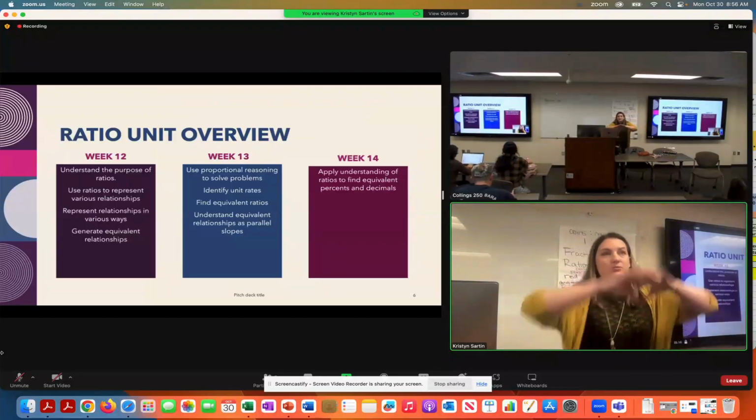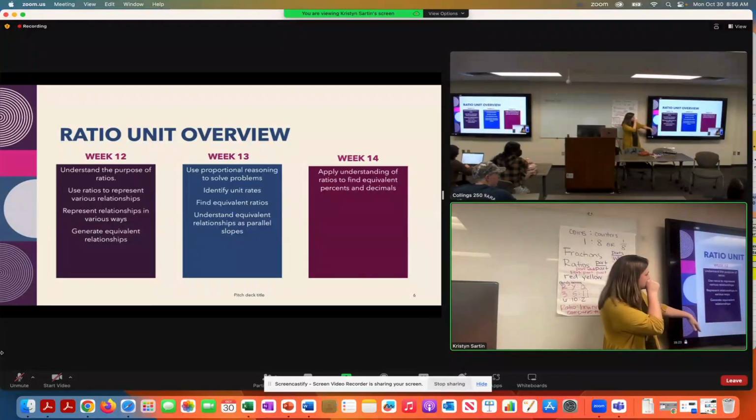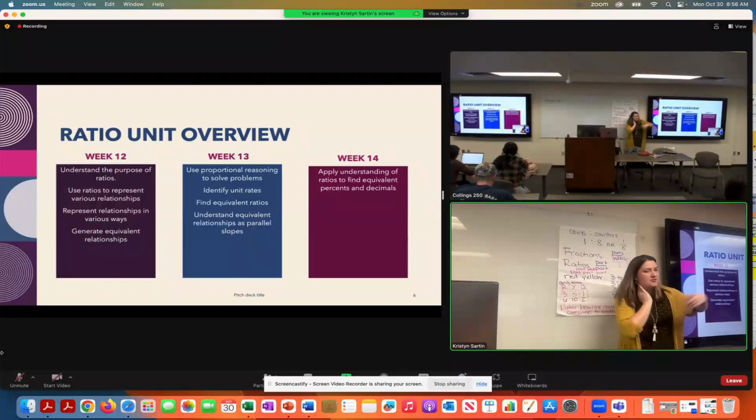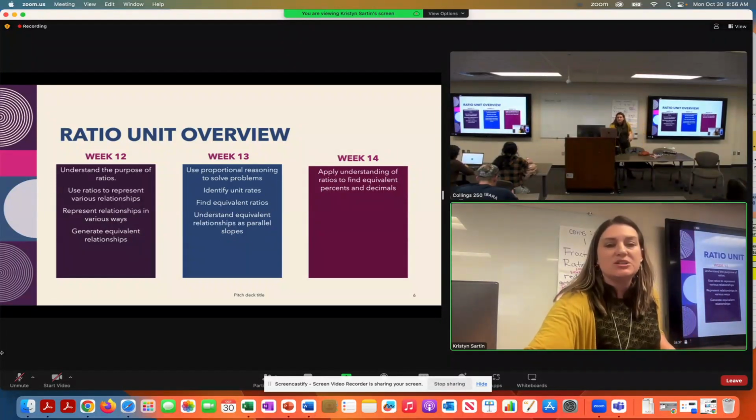All right, so a broad overview of this unit. Hi, Simone, glad you're here. Week 12: understanding the purpose of ratios, using ratios to represent various relationships, representing these ratios in various ways, and generating equivalent or proportional relationships.